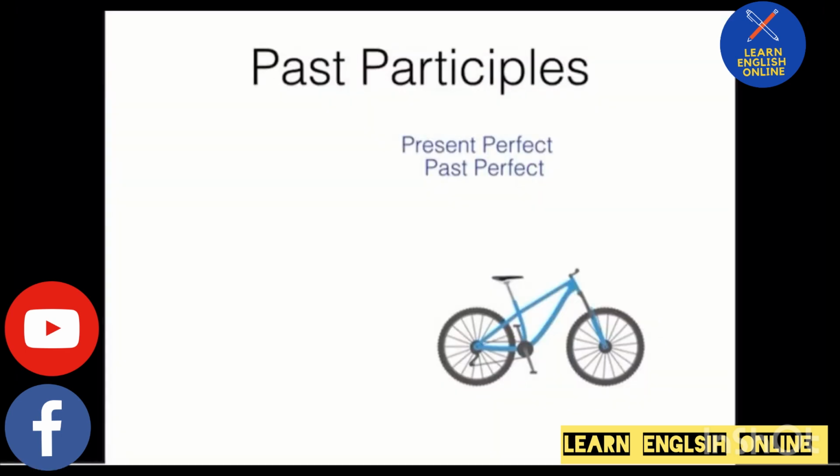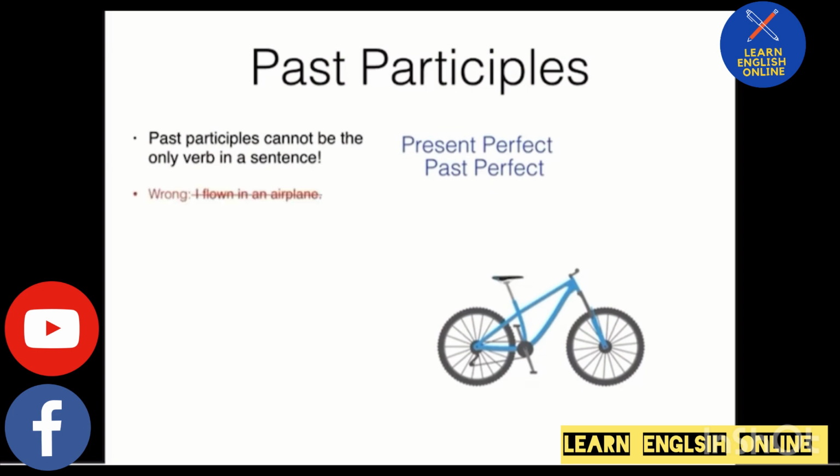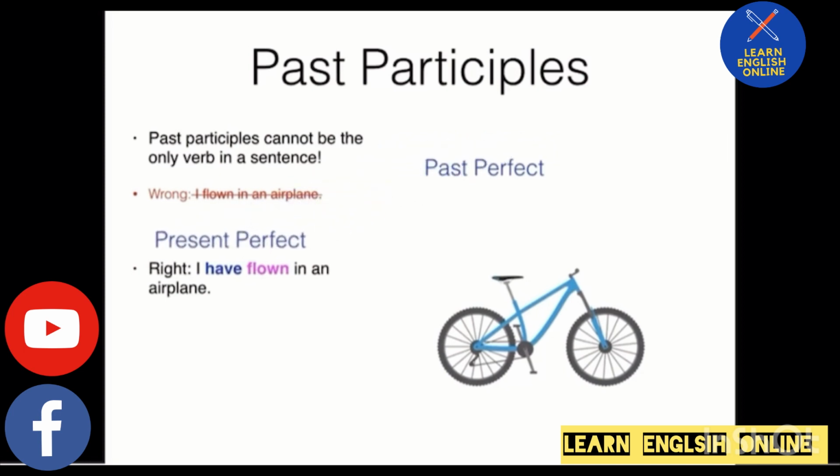Important rules we need to know when we talk about past participles. For example, past participles cannot be the only verb in a sentence. It's wrong to say, I've flown in an airplane. It's incomplete. However, we can say a sentence like, I have flown in an airplane. This is an example of the present perfect.